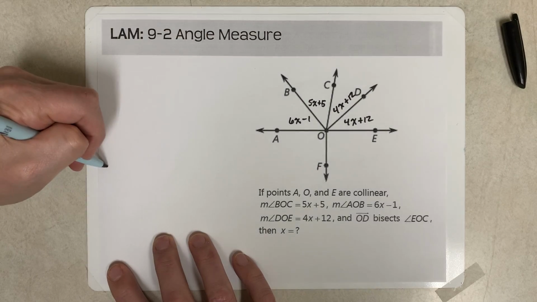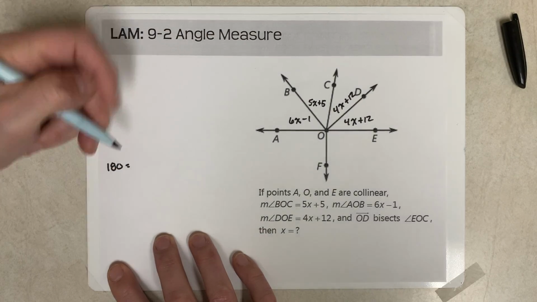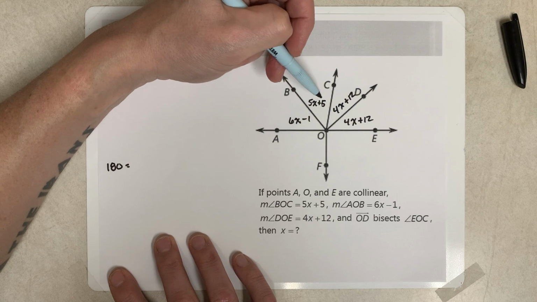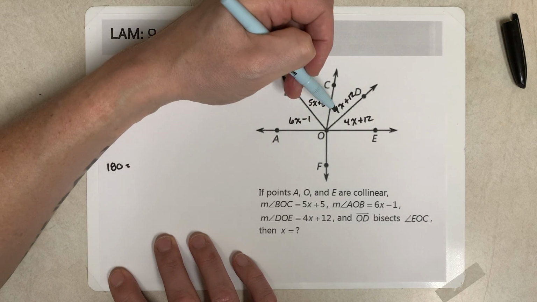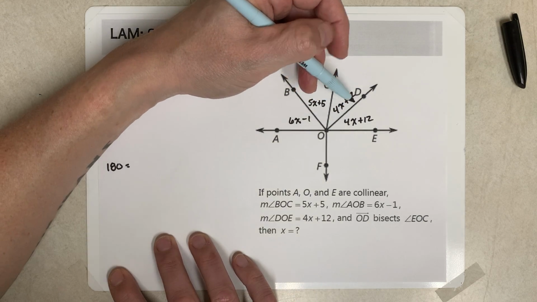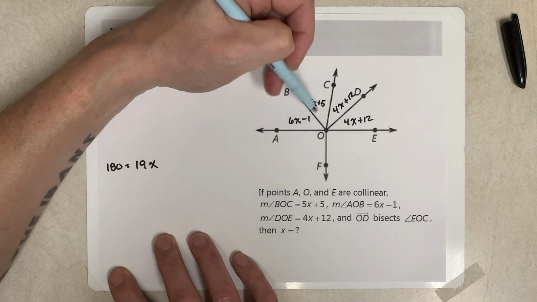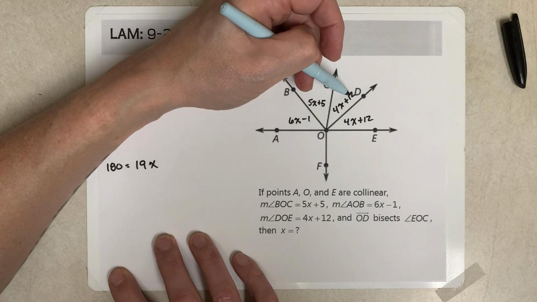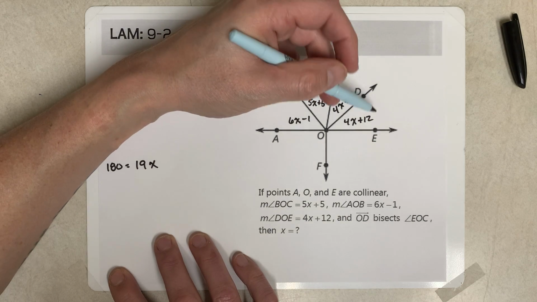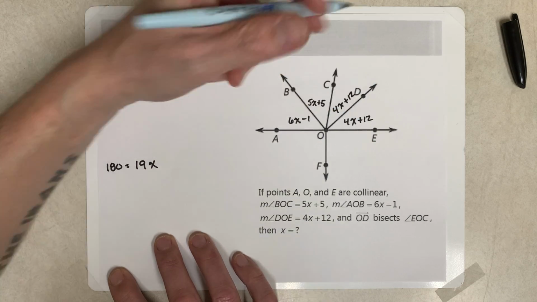So here we go. 180 equals, okay, how many x's do we have? 6 and 5 make 11, 15, 19. So it looks like we have 19 x's. Negative 1 and 5 make 4, plus 12 is 16, plus another 12 would be a total of 28.